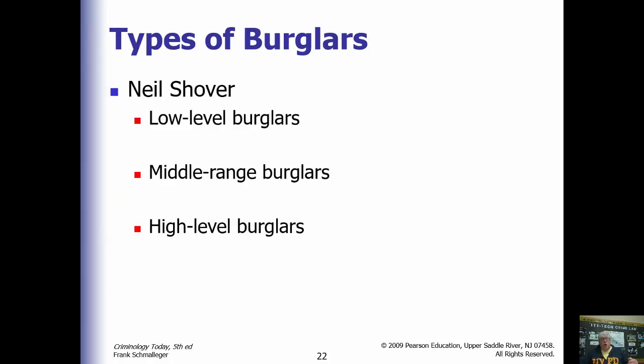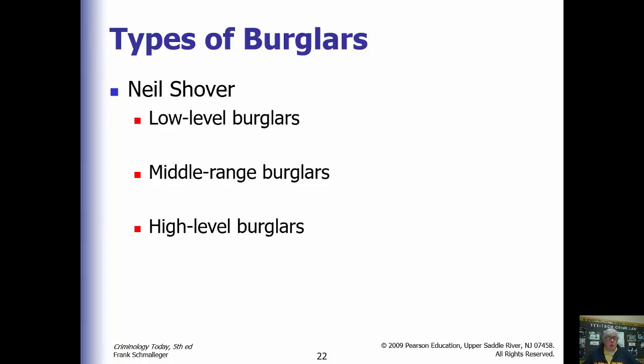So, Shover suggested that there were 3 levels of burglars, and these are pretty easy to figure out. You have your low-level burglars, and maybe they do it once in a while. Middle range, a little bit more often, and making a little bit more money out of their deal. And then you have your high-level burglars, which we're going to look at.